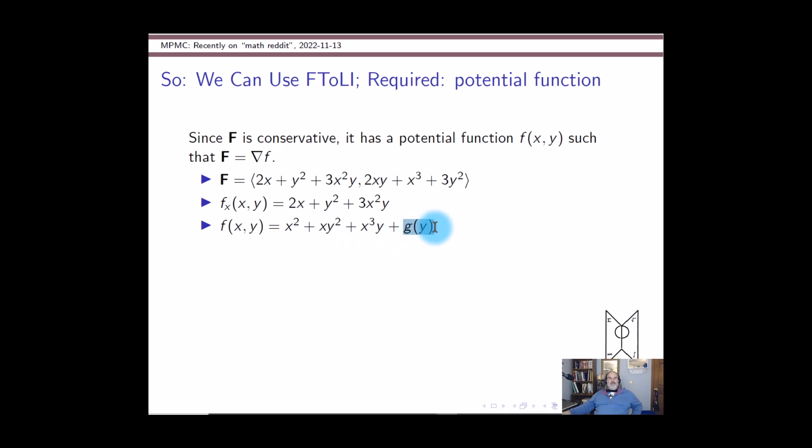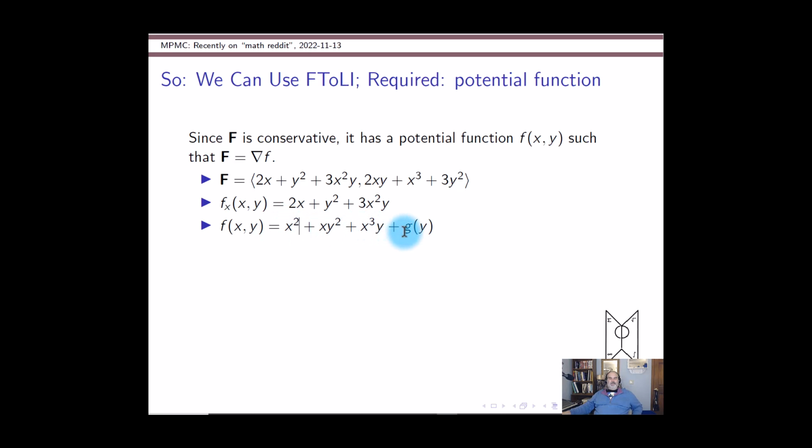But then that function could also have any other function of y that we want, because the derivative with respect to x of any function of y is going to be 0. So no matter what sits here, if we take this function and take its derivative with respect to x, we will get that component. Okay, this is the scaled up version of the arbitrary constant plus c.